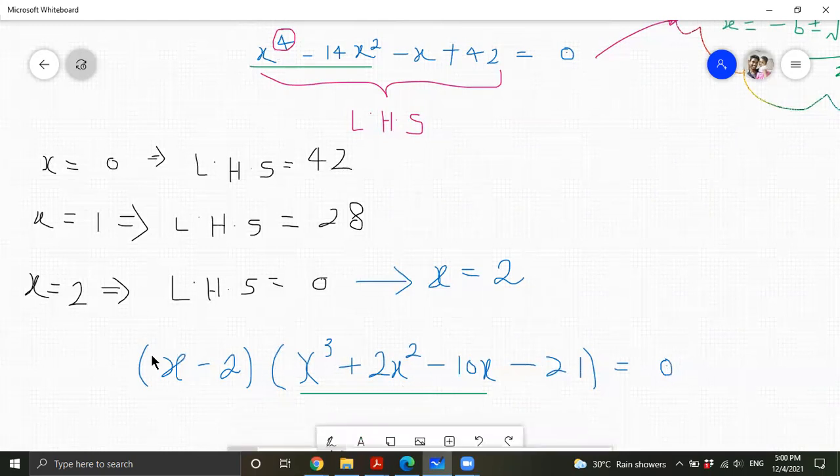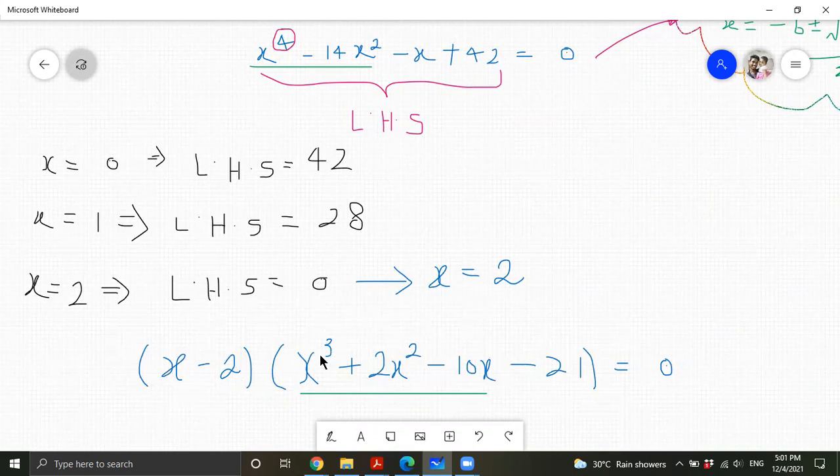We have found one solution, that is x minus 2, x equals 2 from this x minus 2. So we can find another 3 solutions, right? Why 3 solutions? Because the maximum power of x is x cube here. So totally there will be 4 solutions, 1, 2, and we have to find another 3.